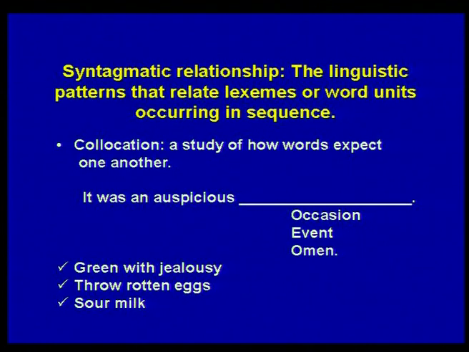If paradigmatic relationship occurs between words which can be substituted for one another, syntagmatic relationship looks at the linguistic patterns which relate lexemes or word units occurring in sequence.